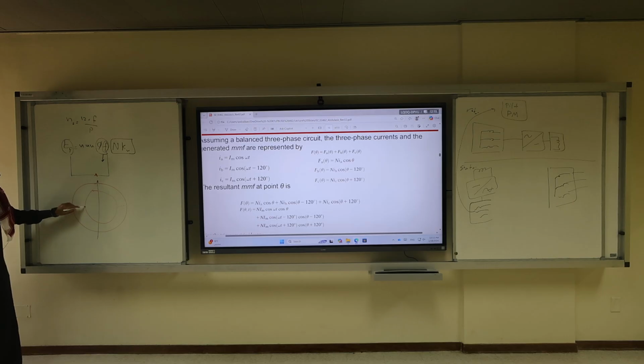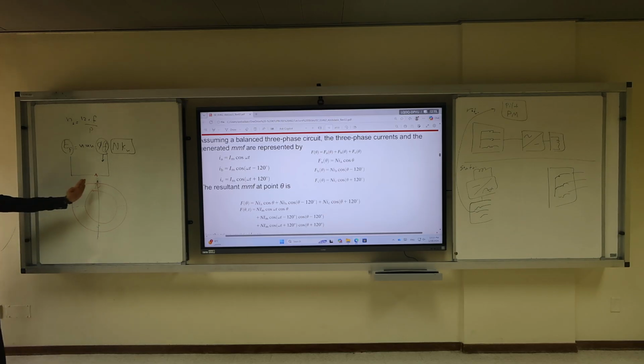If we have 2 poles, it means anything here is north, anything here is south. So if you make a full rotation, that's what? 360 or 2 pi. If you have north-south and north-south, if you rotate half, it's electrical 2 pi.